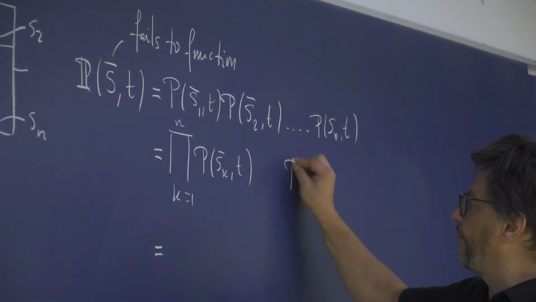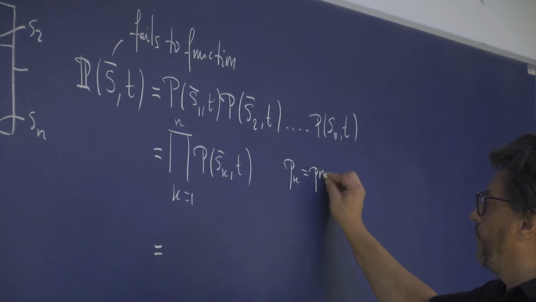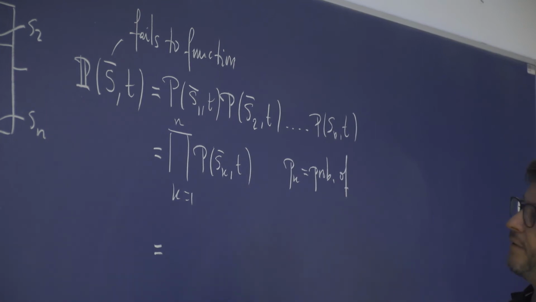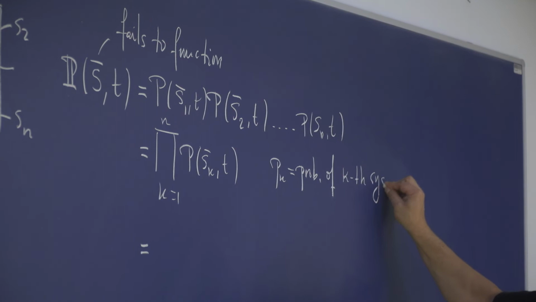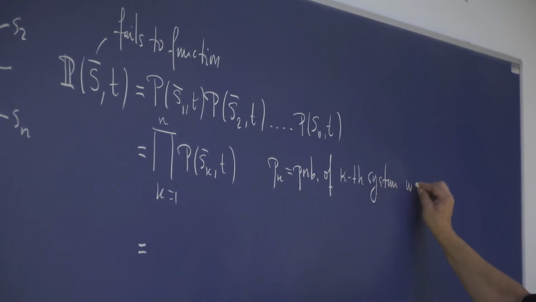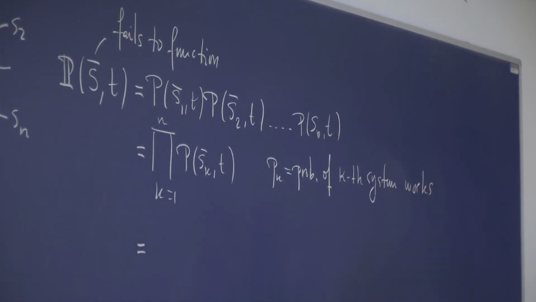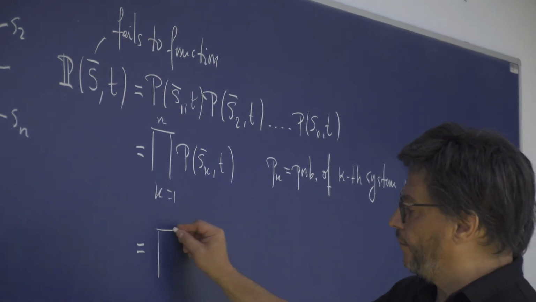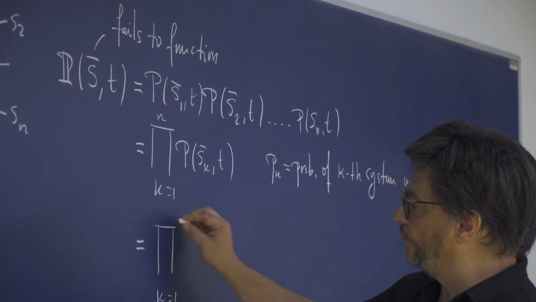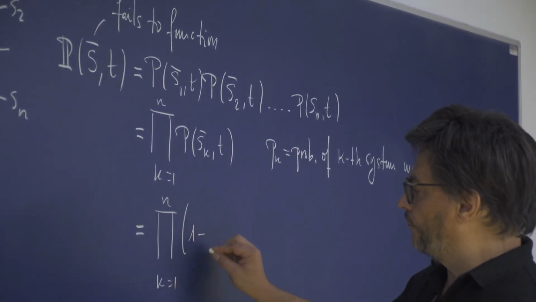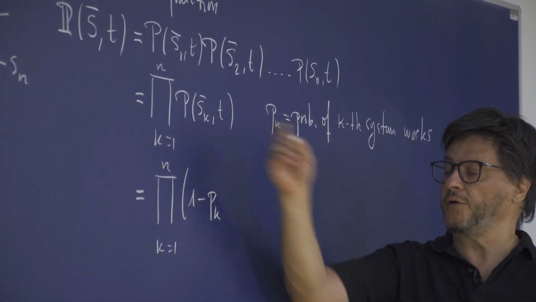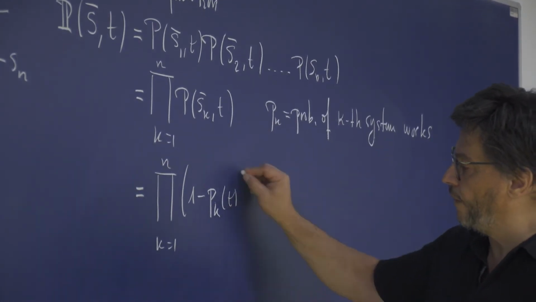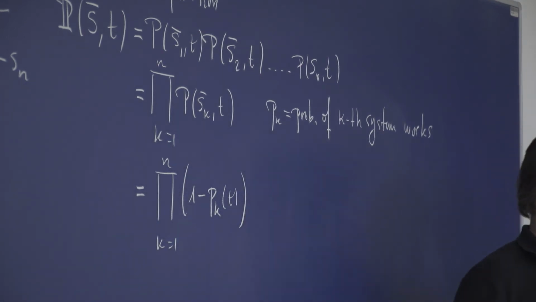If pk is the probability of my system working, all right? 1 minus pk is what actually introduces failure, and this should be time dependent, right?